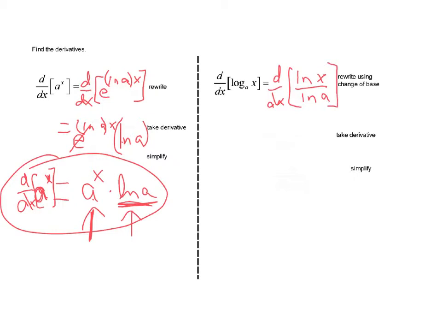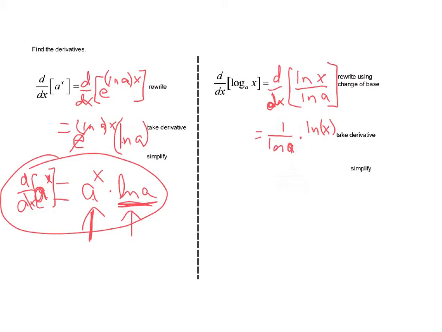Just like in the previous derivation, ln a is just a number because a is just a number. So really this is 1 over ln a, which is just a number, a coefficient, times ln x.